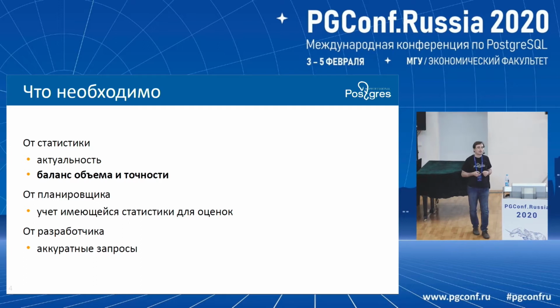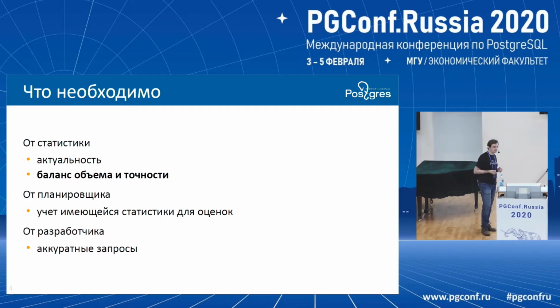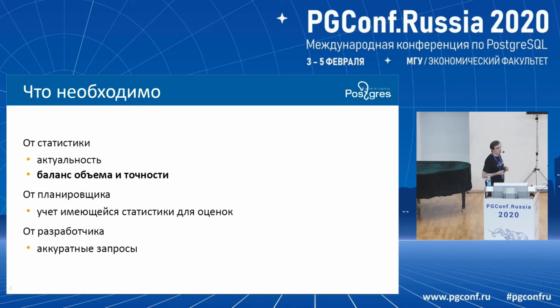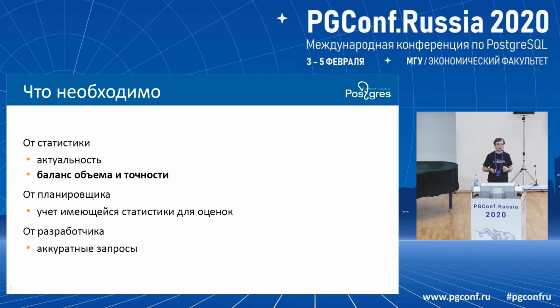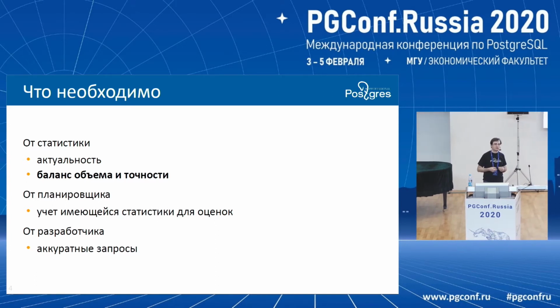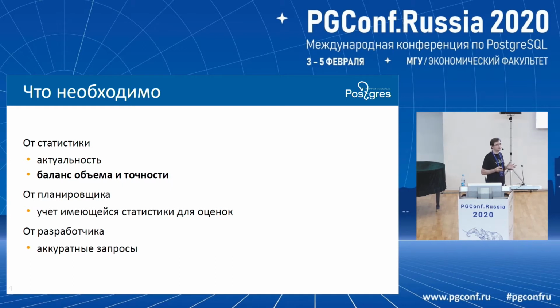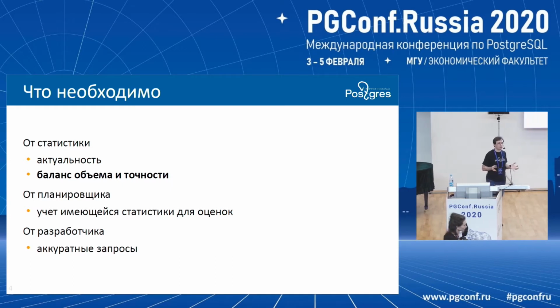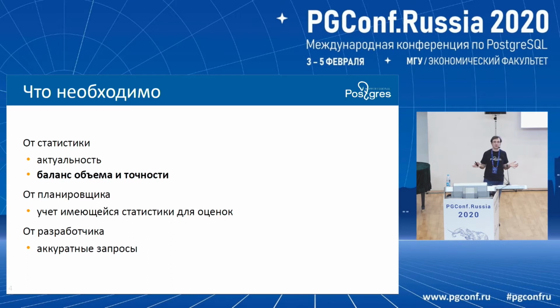On the one hand, the statistics must be quite precise in order to be able to build a good forecast. On the other hand, statistics cannot take a lot of space, because if it is too big, then the scheduler will consume too much time to process it, and the planning will take too much time. So we need to find a balance.